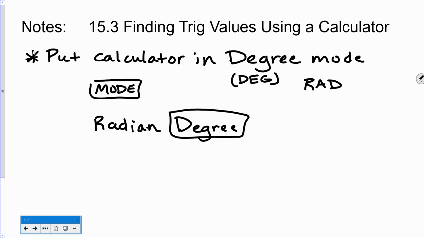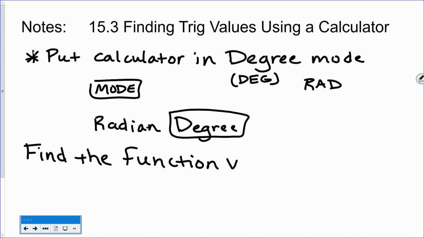Okay, so today your examples will say, find the function values with a calculator.